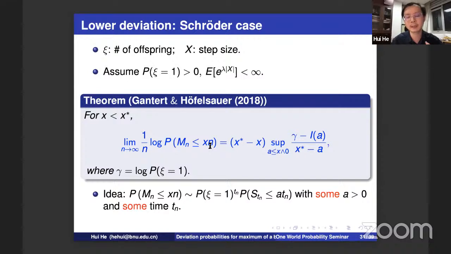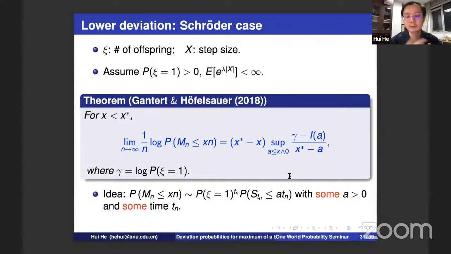So this means the maximum of the whole system is less than x_n. Since you need to take the logarithm, that's why you have gamma in this term, and also you have the Euro random walk, and so that's why the I_A appears in the limit. This is why gamma and I_A appear in the limit.